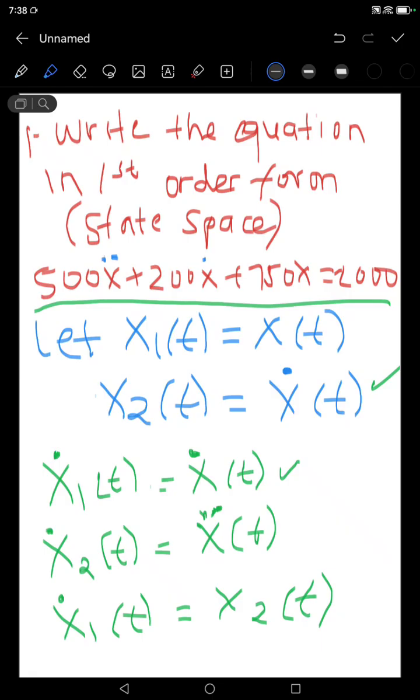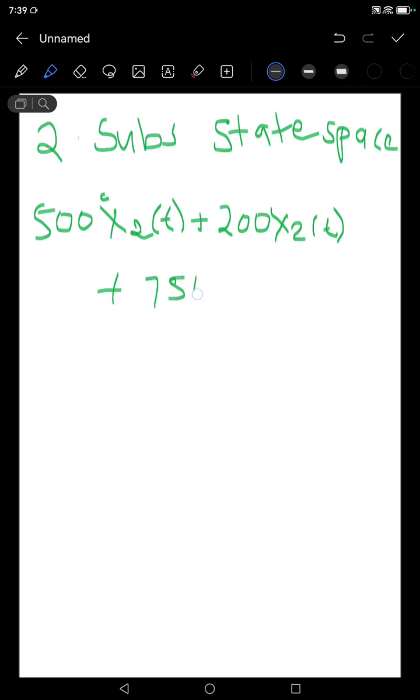So we're going to substitute this. Step 2 is substituting the state space. Okay, so wherever there's x double dot, we're going to substitute with x2 dot. So it's going to be 500 x2 dot plus 200 x2 plus 750 x1 equals what?